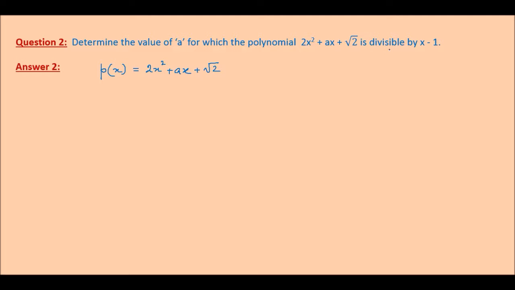And this polynomial is divisible by x minus 1, means x minus 1 is a factor of p of x. And by the factor theorem, we can say since x minus 1 is a factor, therefore p of 1 should be equal to 0. Because if x minus a is a factor, then p of a is equal to 0 by the factor theorem.